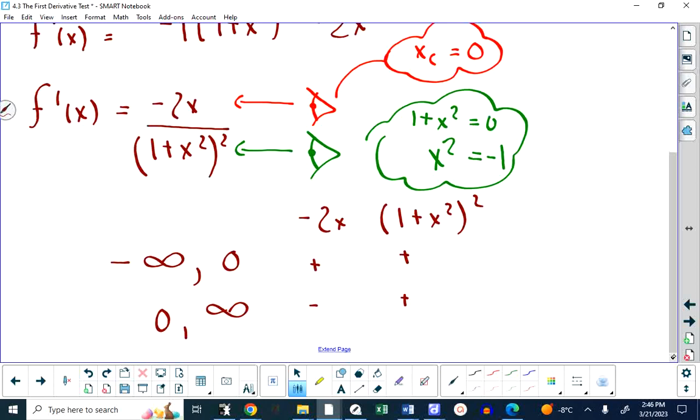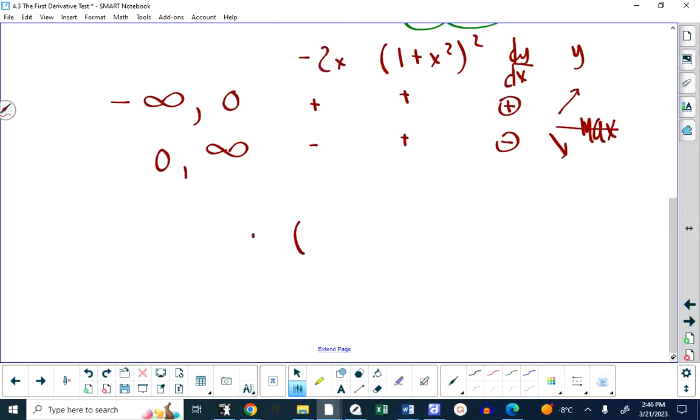That means the derivative is positive and then negative. That means the function is increasing, then decreasing, which means that what we have right here is a maximum, and the maximum will have coordinates of 0, comma, whatever f of 0 is.